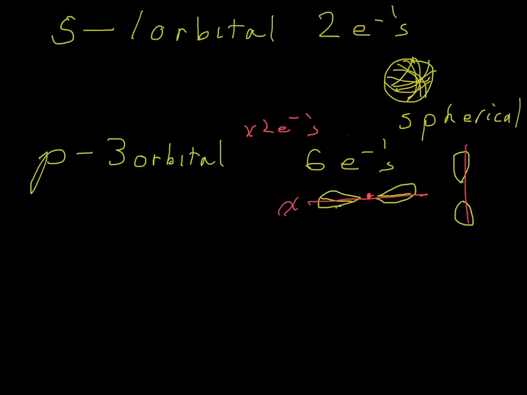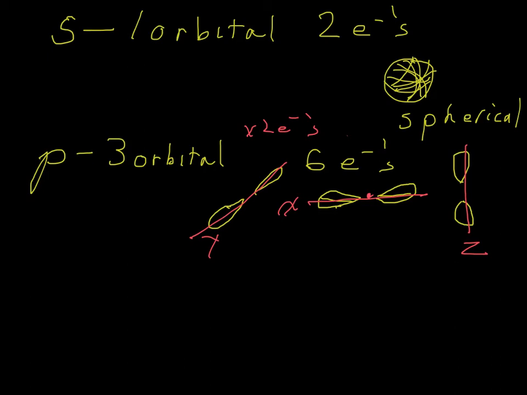You can turn them so that they go along a z-axis, or you can turn them so that they go along, and here's where my artwork's really challenged, a y-axis. Because you can turn this shape 3 different ways, that means you can have 3 different p orbitals, all with the same shape, but with different 3-dimensional orientations in space.